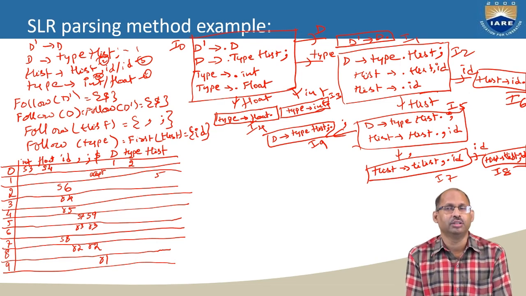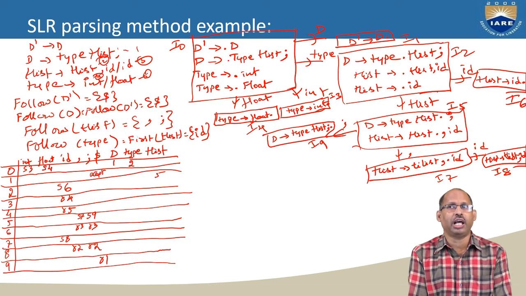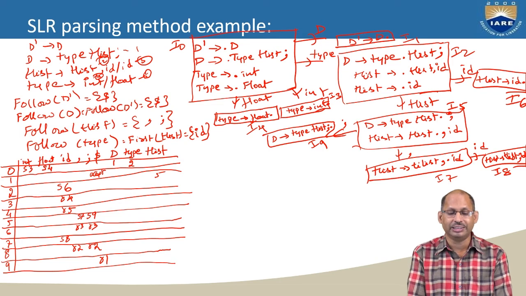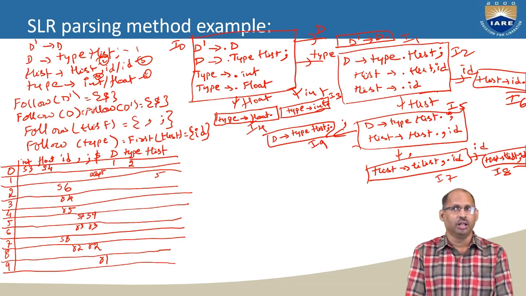Okay, is it clear? I0, I1, I2, I3, I4, I5, I6, I7, I8, I9. All the states we have written with respect to rows and columns.